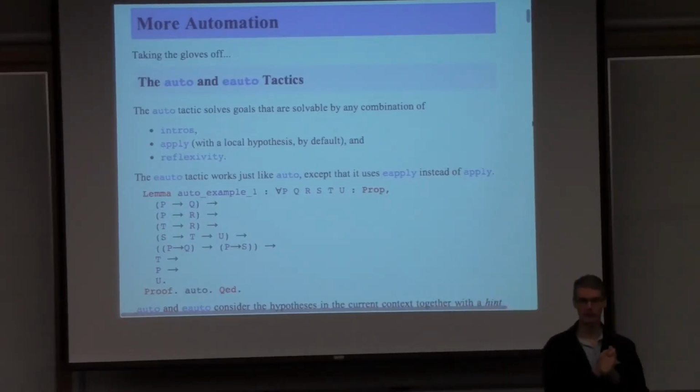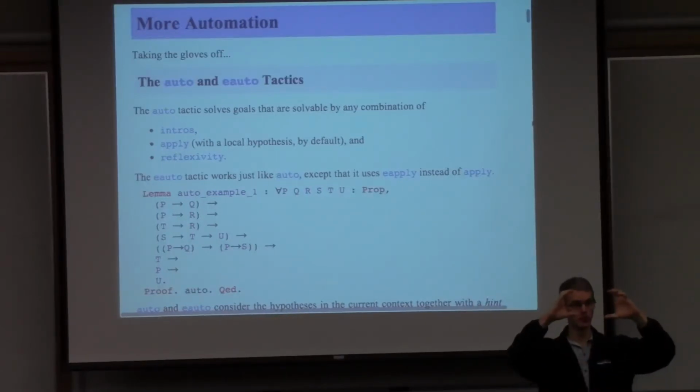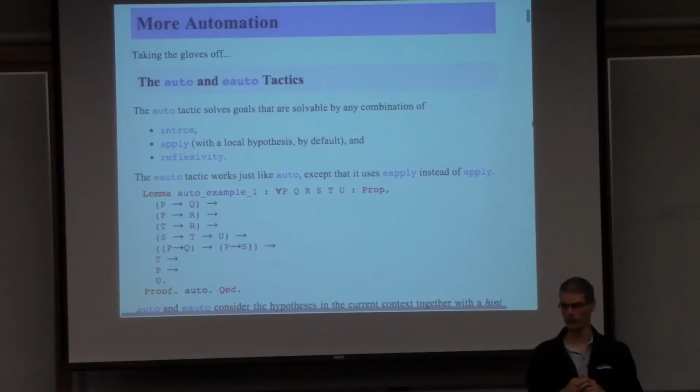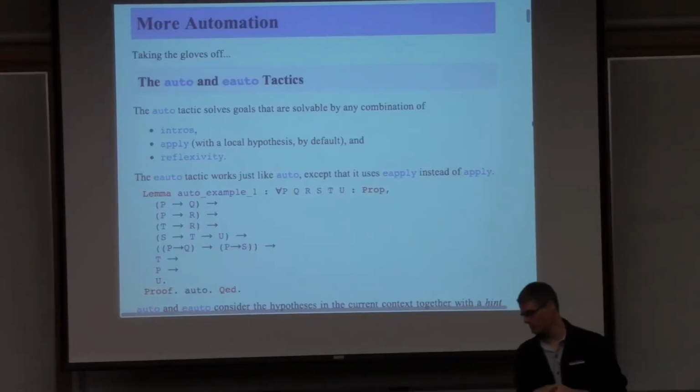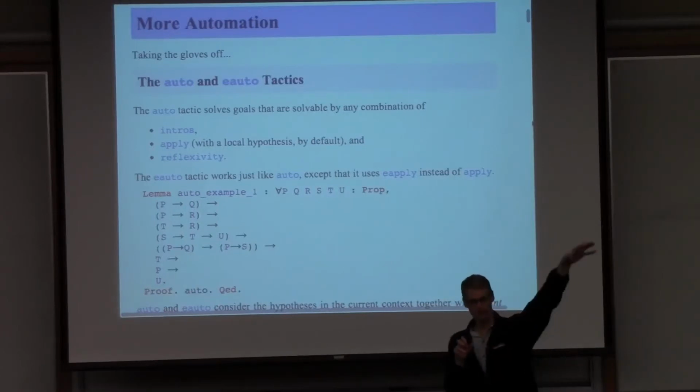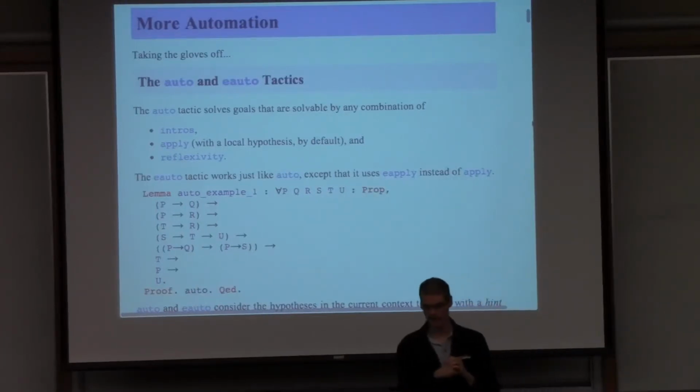So by default, it's willing to apply only things from the local context, not arbitrary theorems from the library and so on. So it's willing to deal with conditional statements by putting things into the context. It's willing to apply things from the context, and it's willing to use reflexivity, and that's all it does.